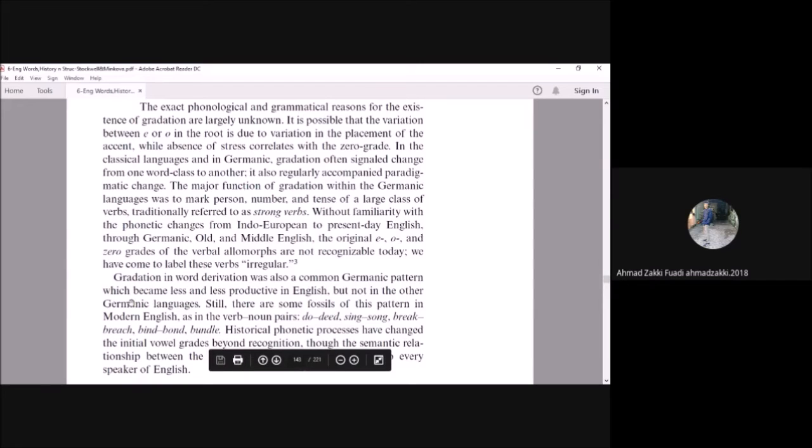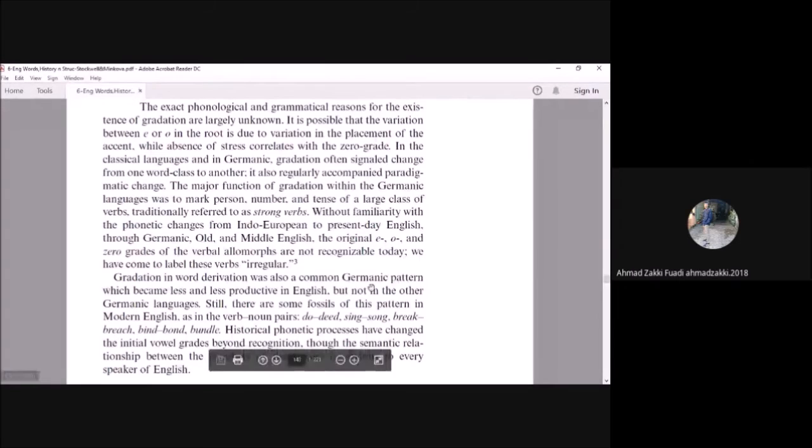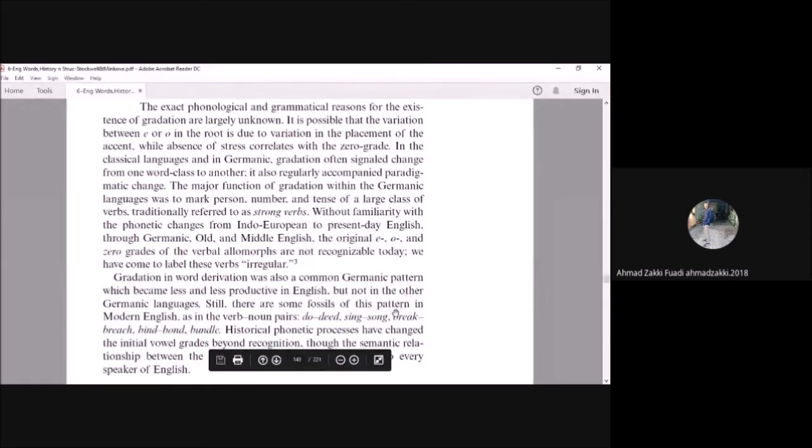So in the classical languages and in Germanic, gradation often signals change from one word class to another. It also regularly accompanies paradigmatic change. The major function of gradation within the Germanic languages was to mark person, number, and tense of a large class of verbs, traditionally referred to as strong verbs.